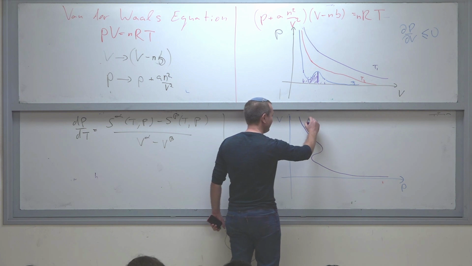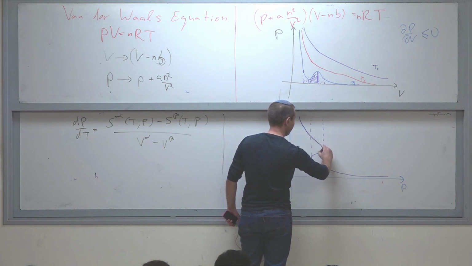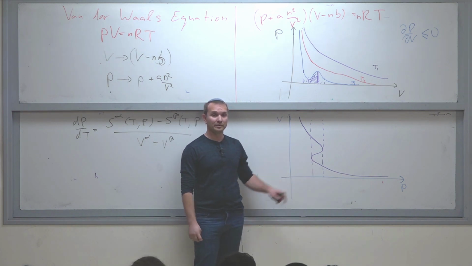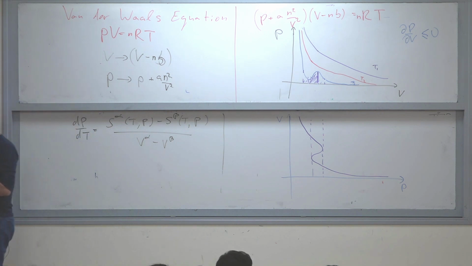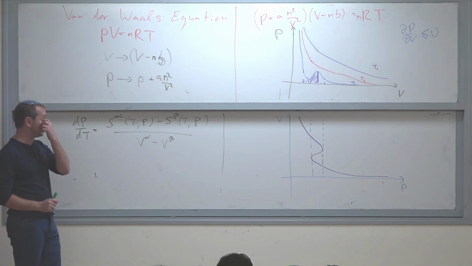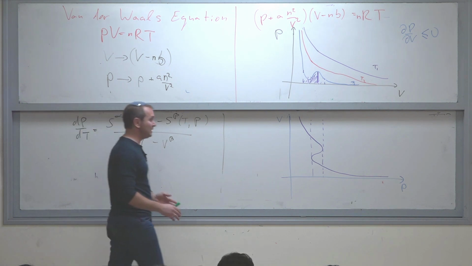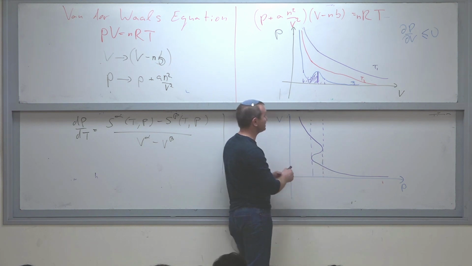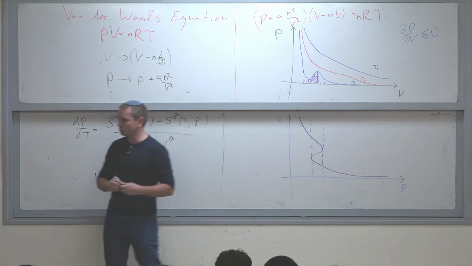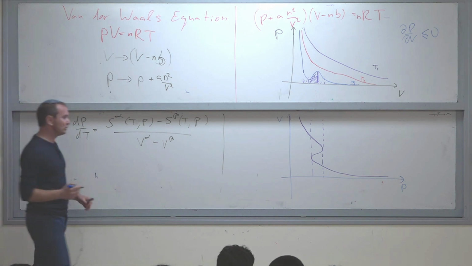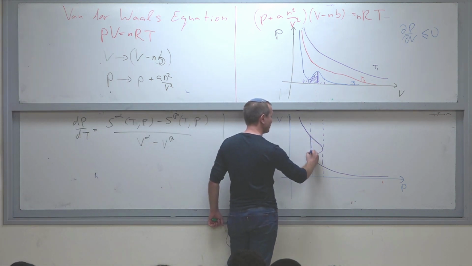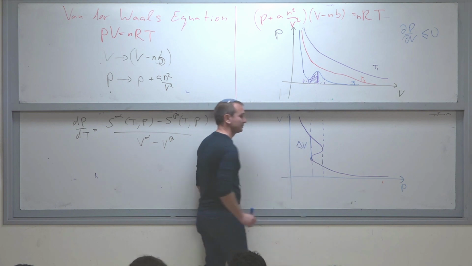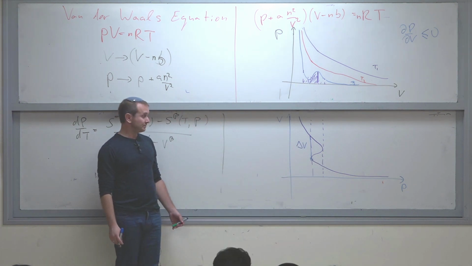Now clearly, there is something wrong with this part of the function. There are different volumes for the same pressure. Mathematically this is wrong, but physically it means that this region is badly described by the function, and what will actually happen is that the system will perform some sort of a jump. So for the same pressure, we'll observe a jump from here over to this point, a jump in ΔV which is greater than 0.